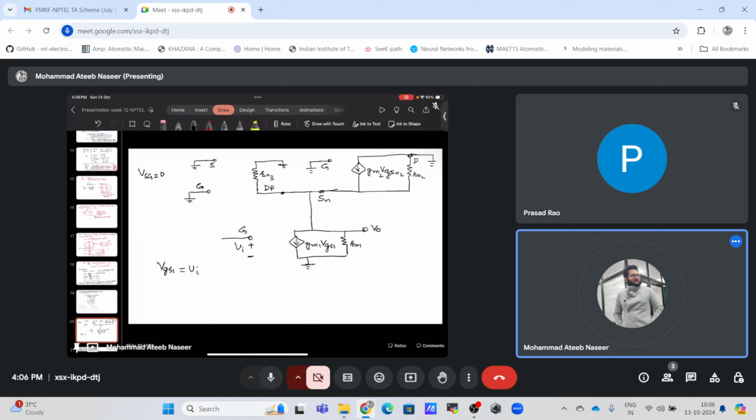There will be some current flowing like this, some current like this, and some current like this.